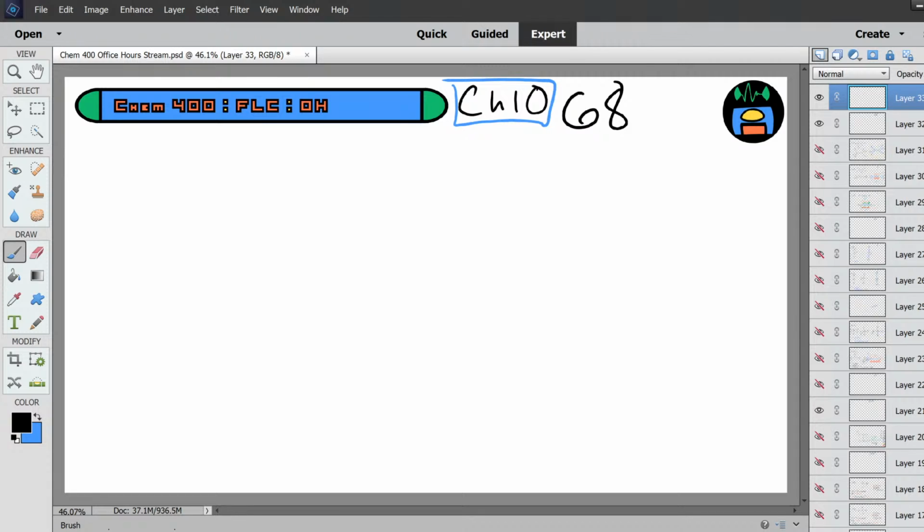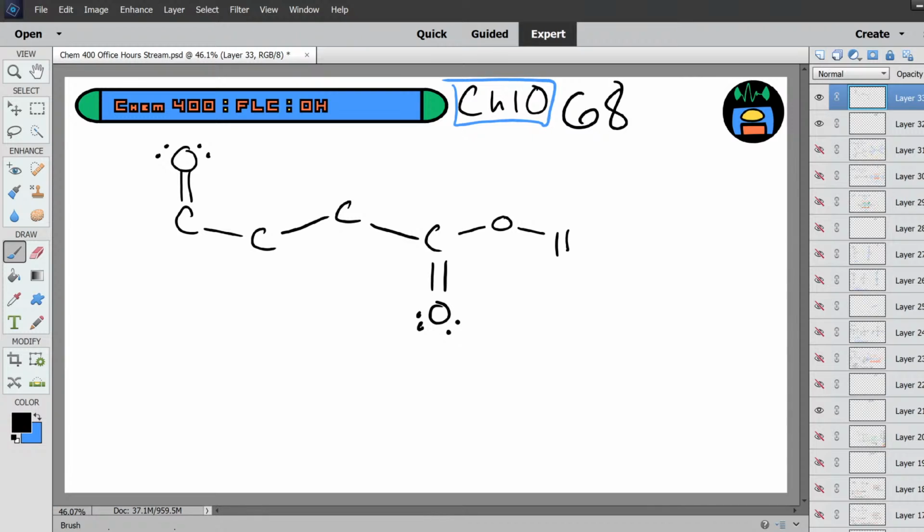I'm going to redraw it as a Lewis structure, because they tell us the atoms, and they ask us to label the hybridization. So this will just take a minute to draw.